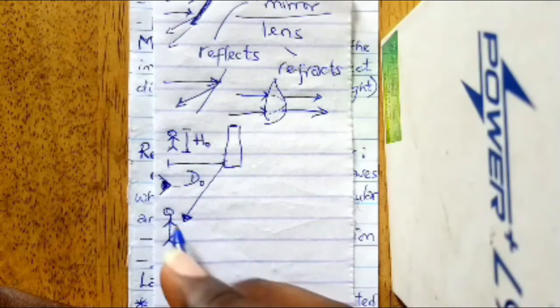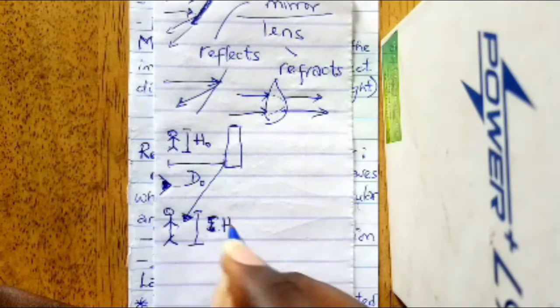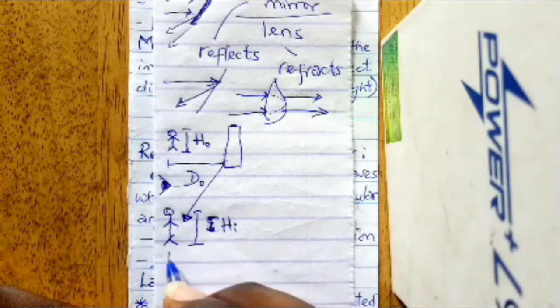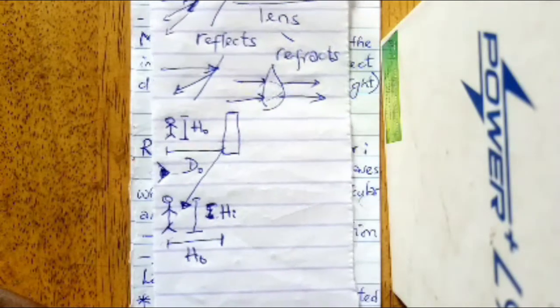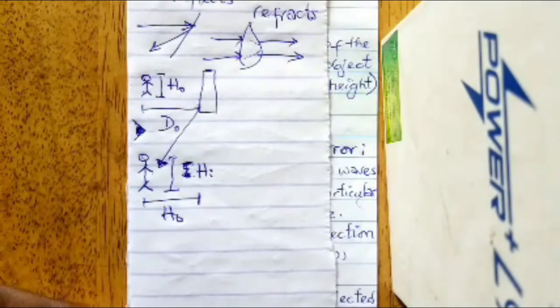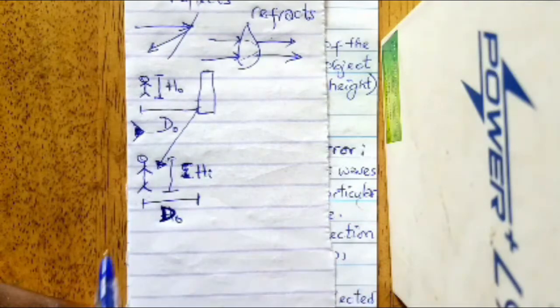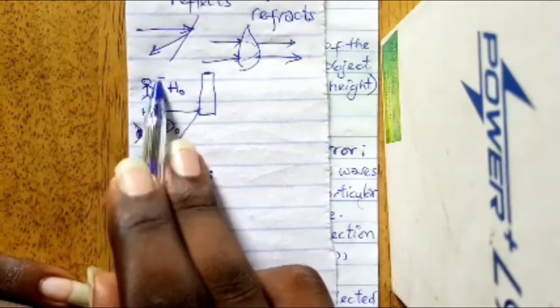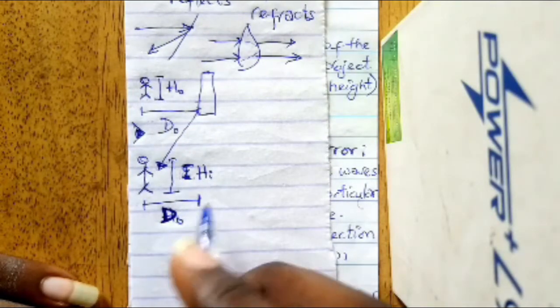So the reflection also gives us a new image height, and its own distance also from the mirror. So you have the object height, the object distance, and you have the image height and the image distance.